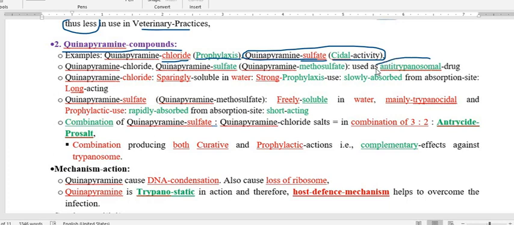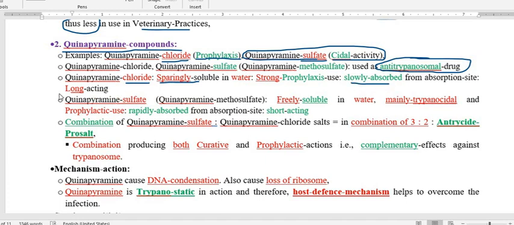So quinapyramine chloride and sulfate are used for the treatment of trypanosomiasis for prophylaxis and therapeutic purposes respectively.